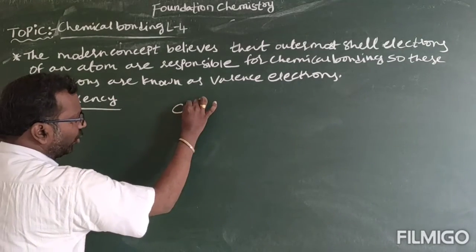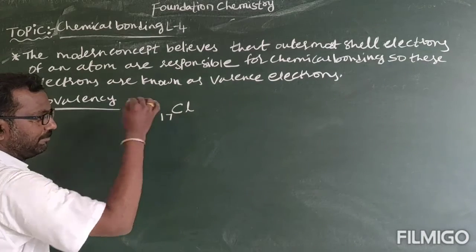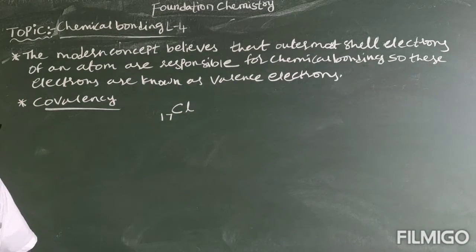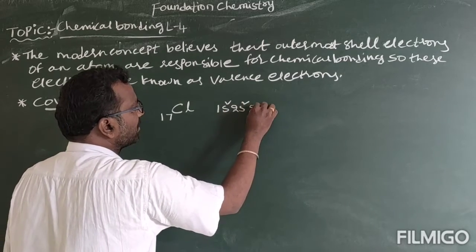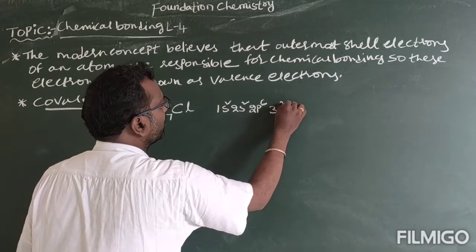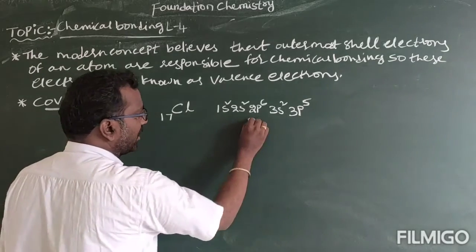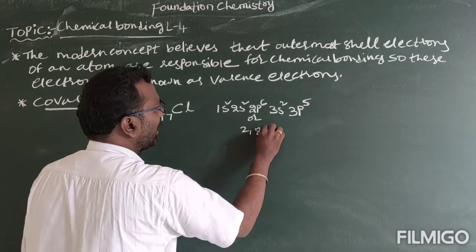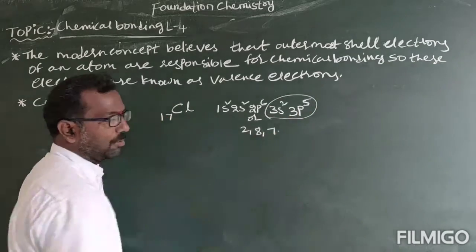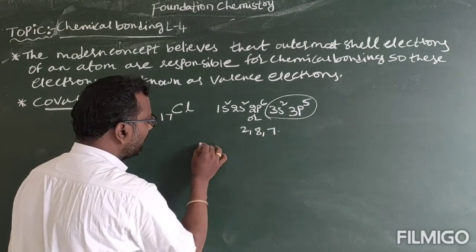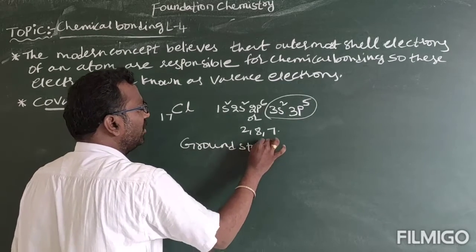Let us consider chlorine. Chlorine atomic number is 17. So 17 means the electronic configuration 1s2, 2s2, 2p6, 3s2, 3p5. Okay, that is nothing but 2, 8, 7. So the last shell is this only, no? So what will we write in the ground state? Let us take it as the ground state.